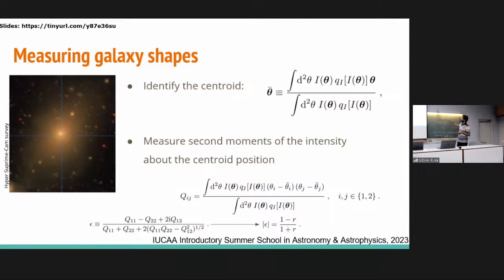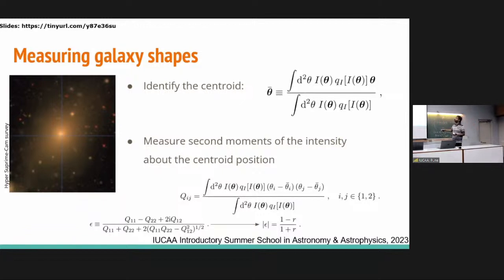This is a vector, so theta bar is the integral d2 theta I(theta) times theta, divided by the normalization factor. What is this Q of I? This Q of I is just some kind of a weighting, because you know that the measurements will be more accurate at the center where you are receiving many photons, while as you go further and further away, the noise will increase.